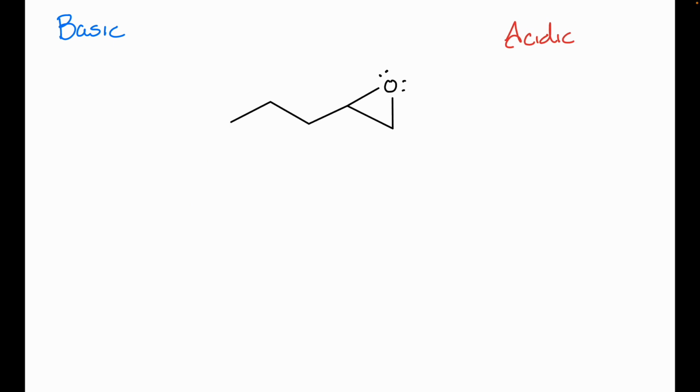All right, so let's do our thiol over here, a neutral nucleophile. And over here, we'll do that same molecule, but the basic version where I take away a hydrogen.